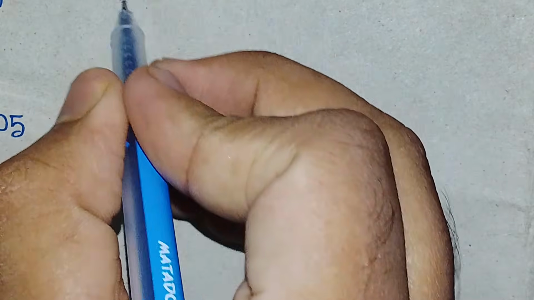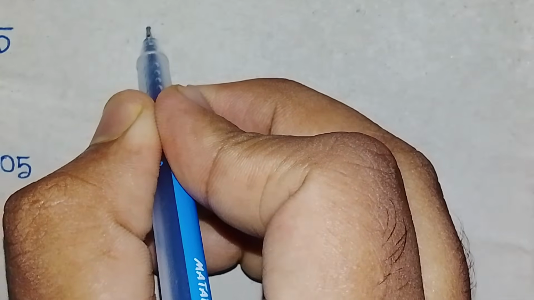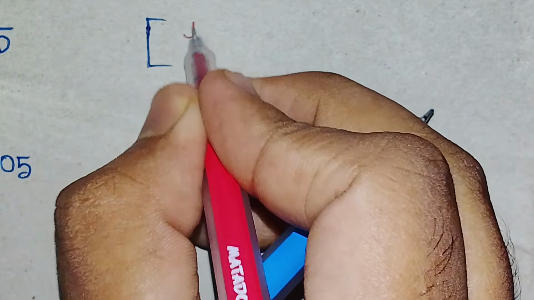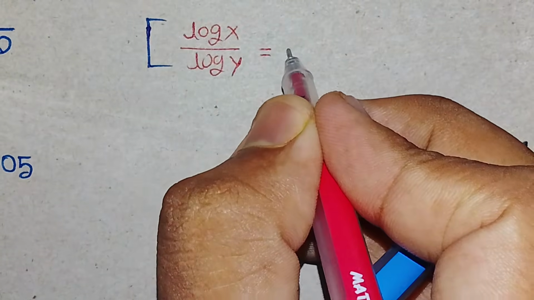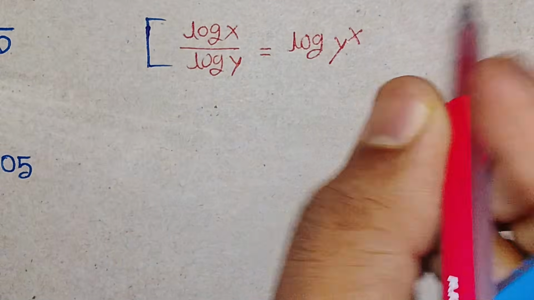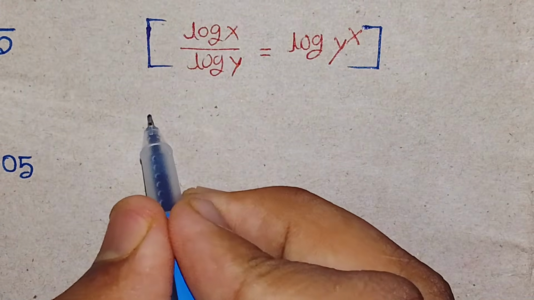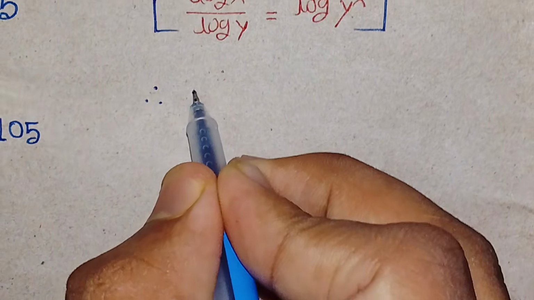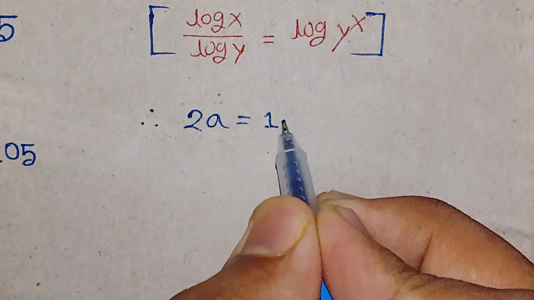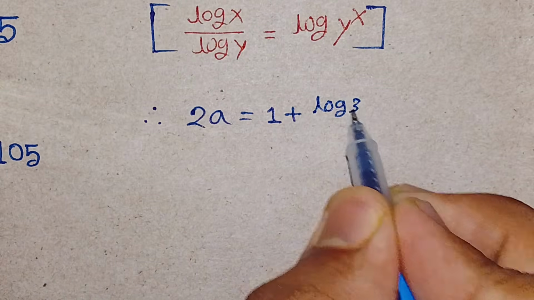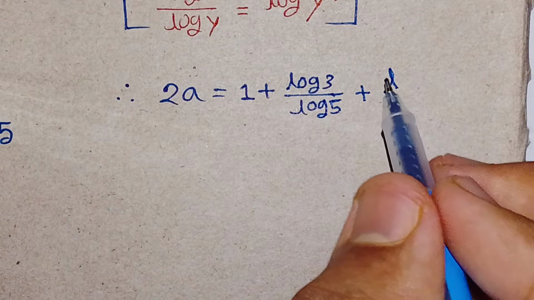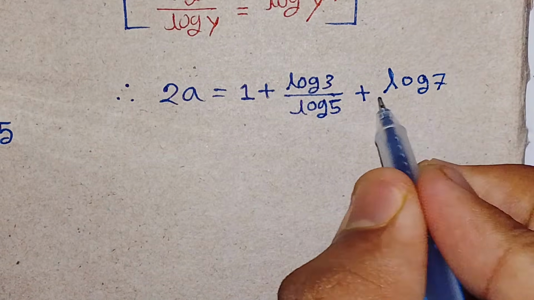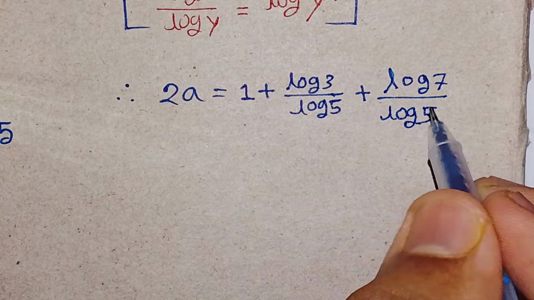After that, the next step, by using this formula, which is log x divided by log y is equal to log y base x, we'll apply this here, then we'll get 2a is equal to 1 plus log 3 divided by log 5 plus log 7 divided by log 5.